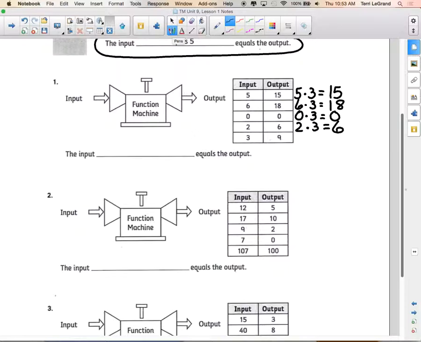Well, it matches the output. 3, the input, times 3 equals, 3 times 3 is 9, and that's the output. If all of this matches, we've got the rule. The rule is the input multiplied by 3 equals the output.